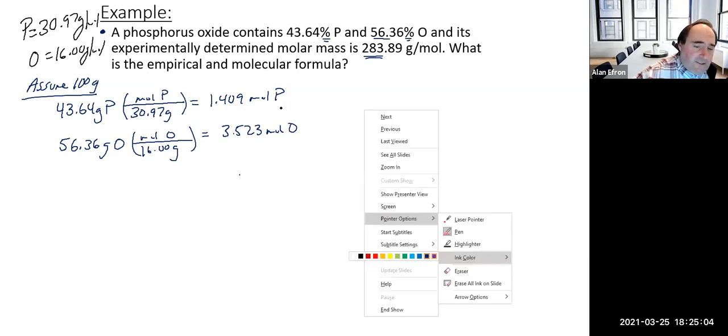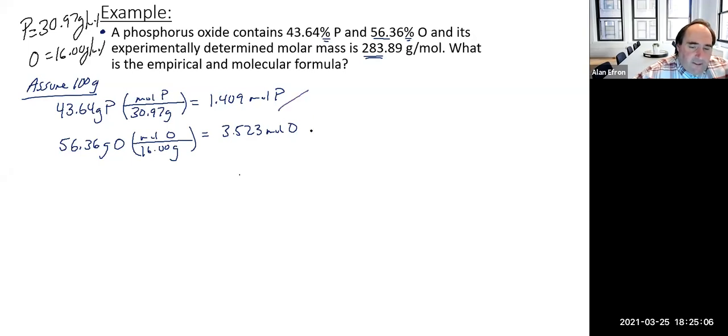Just like we've done with our empirical formulas before, after converting grams into moles, we then divide by the smallest number of moles. This looks like 1.409 in this situation. That's going to give us a 1 for the phosphorus, and a 2.5 for the oxygen. That means if we wrote our empirical formula, it would be PO2.5. As we talked about before, this is not good.